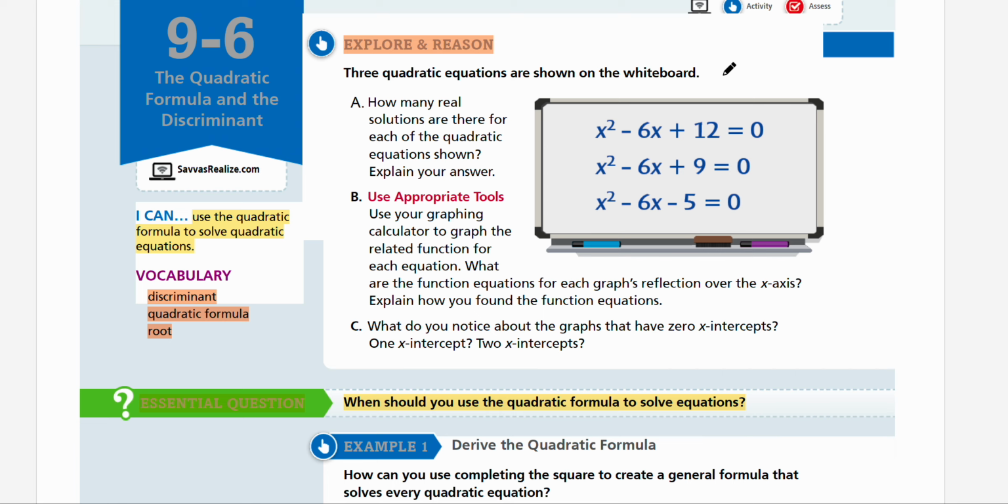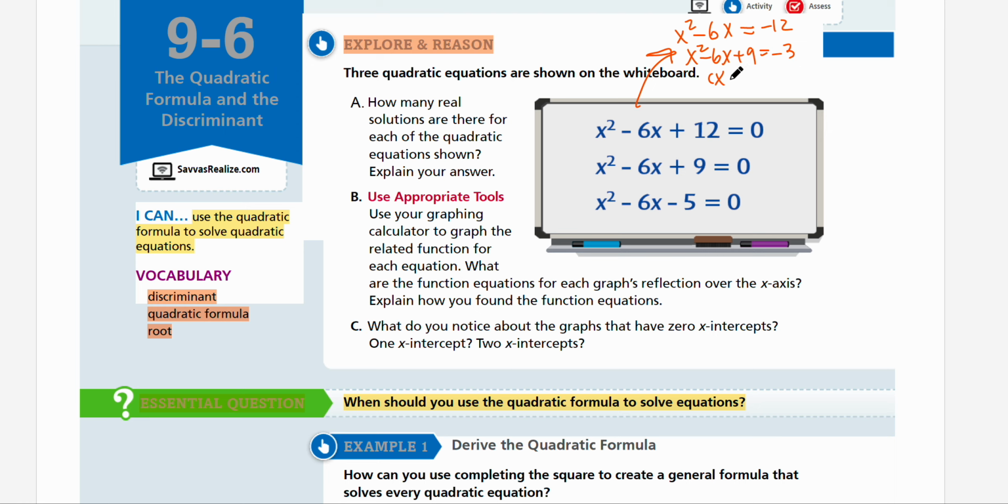So let me start writing it down. For the first one, x squared minus 6x is equal to negative 12, and then we just learned about completing the square, right?